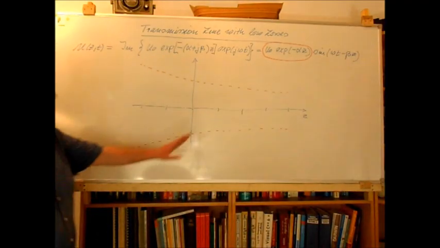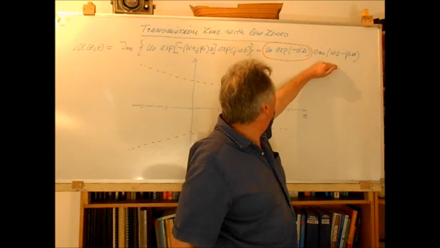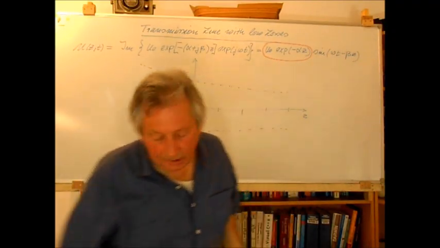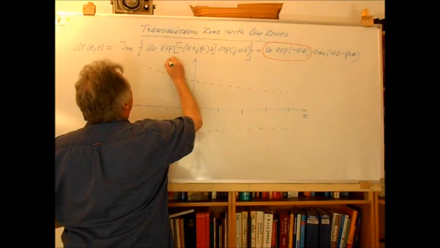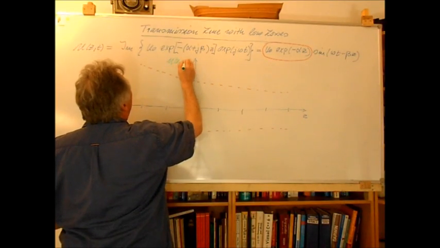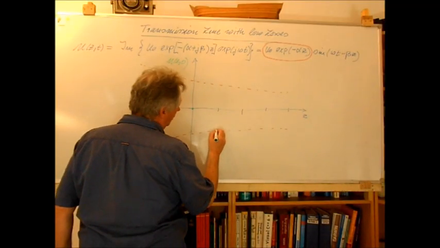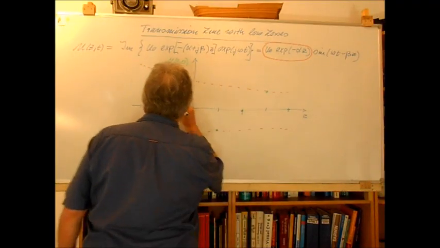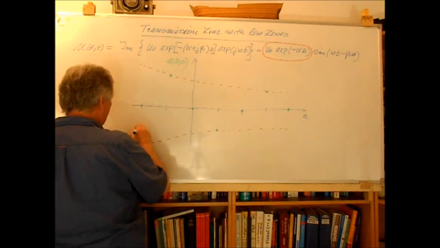While the second term still is the same as in the case of a lossless transmission line, which means this term describes the wave propagation. So for example, for the certain time instant, u of z, t equal to 0, we will get the already known sinusoidal distribution, which will almost look like this.